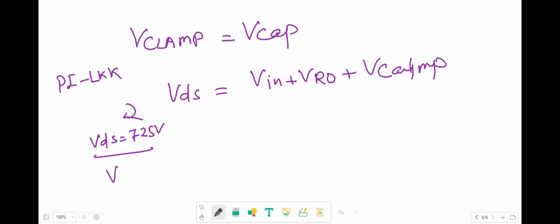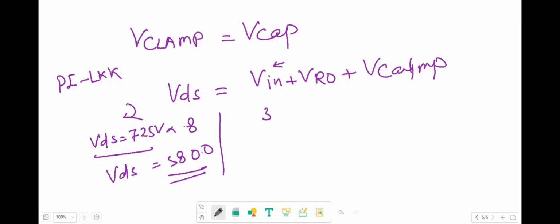So your final VDS is going to be 725 multiplied by 0.8, which gives 580 volt. Now your maximum VDS you want to set is 580 volt. Your V in is 325 volt, let's say for VAC of 230 volt.